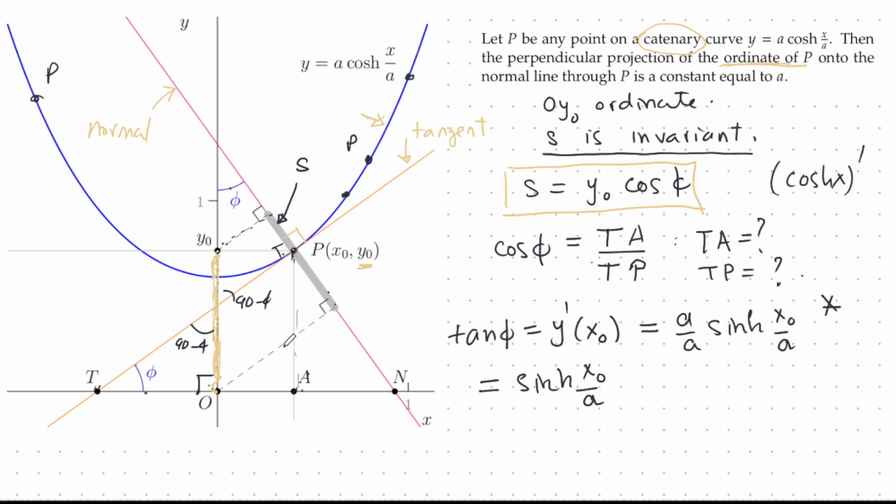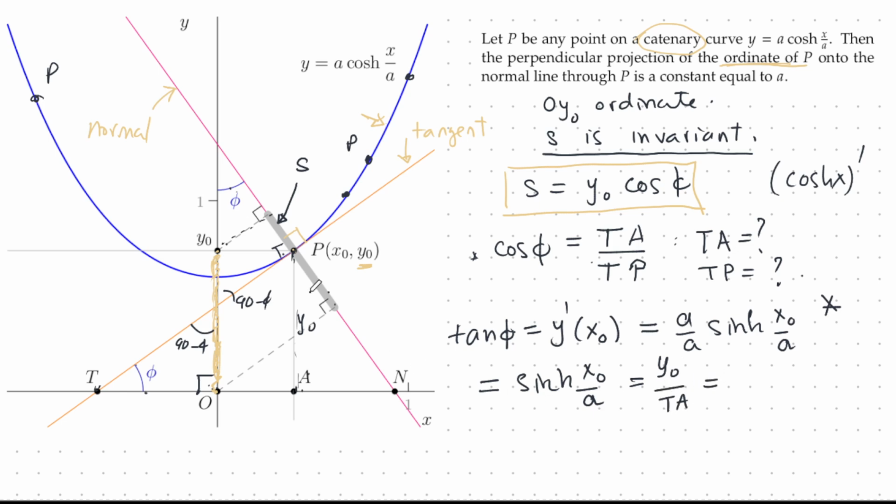But if we go back here and look carefully again, tan phi is PA, that's y0, divided by this length here, TA. So this is y0 divided by TA.